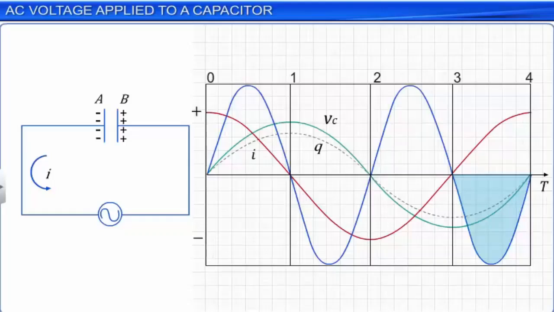Hence, energy is again being released from the capacitor. Thus, finally at the end of the cycle, the capacitor returns to state 0 again. This cyclic discharging and charging of the capacitor, or more precisely, its conducting plates, in reverse polarities keeps taking place as long as AC current is established in the circuit.